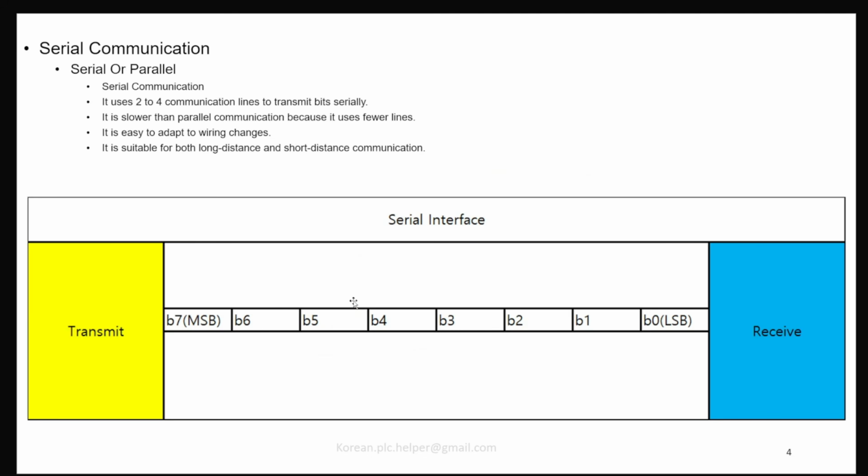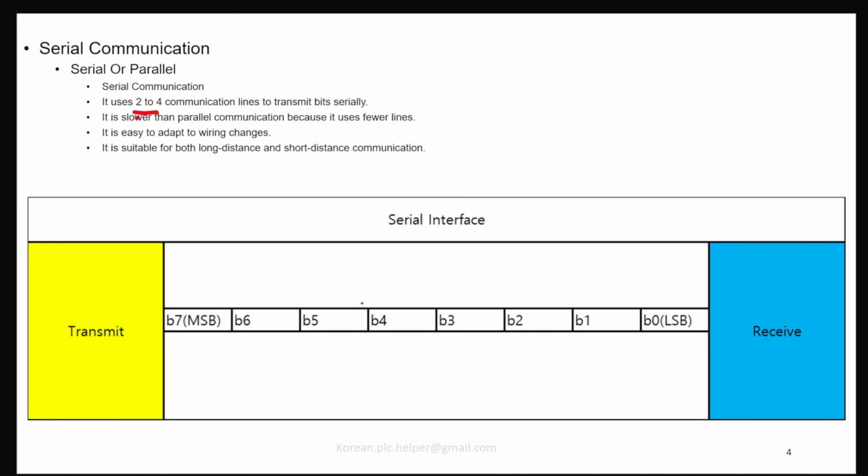In contrast, serial communication generally uses approximately 2 to 4 wires. A basic serial interface uses far fewer wires than a parallel communication. However, serial communication does not transmit multiple data bits simultaneously.